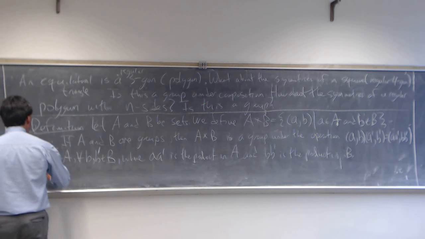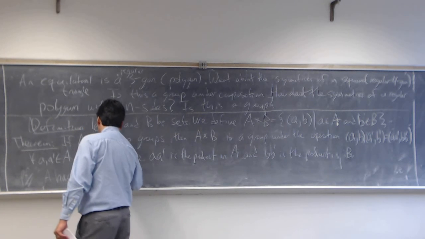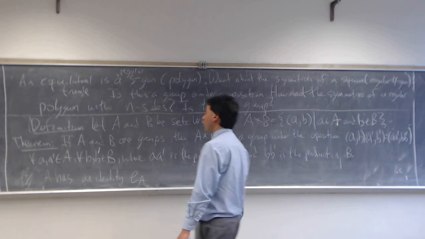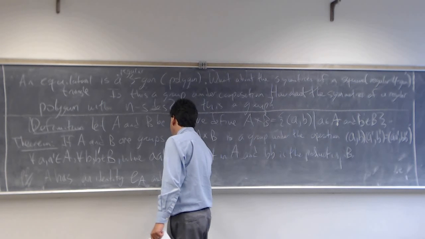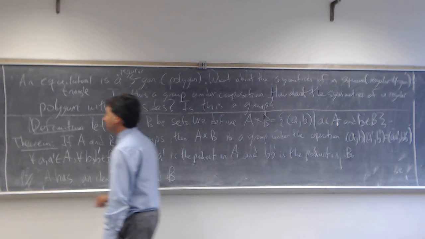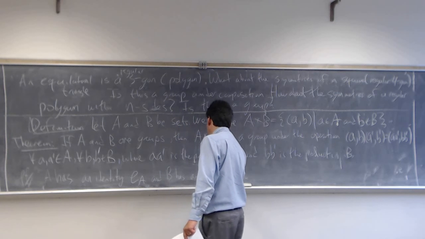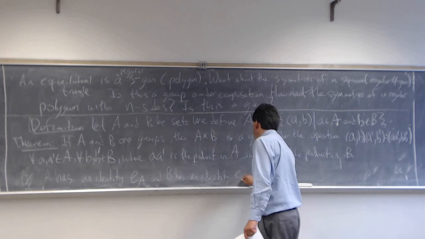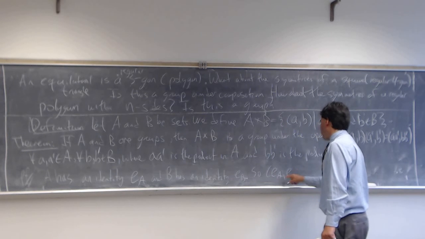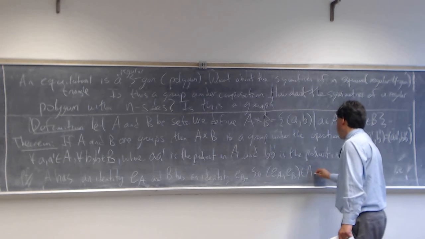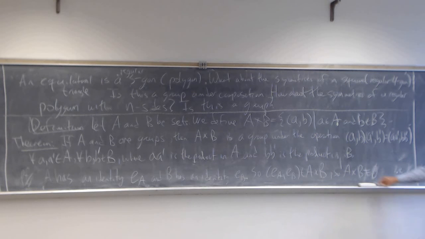So A has an identity, and I'll just call it e sub A to indicate the identity of A. And B has an identity e sub B. So if I look at e sub A, the identity of A in the first spot, and the identity of B in the second spot, that's certainly an element in the product of A and B. So A cross B is not the empty set.